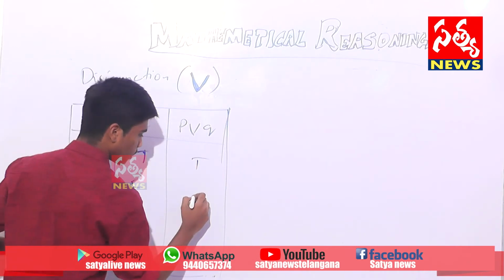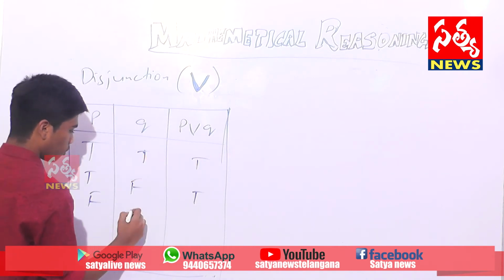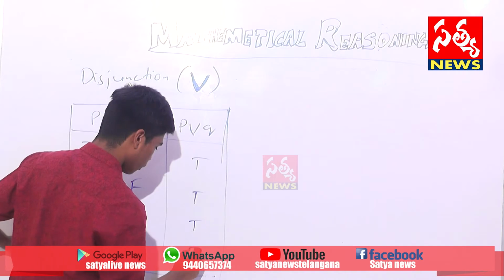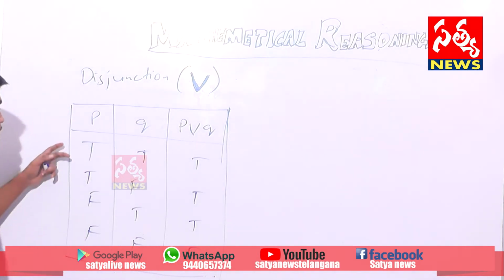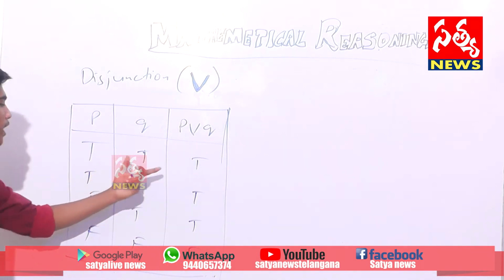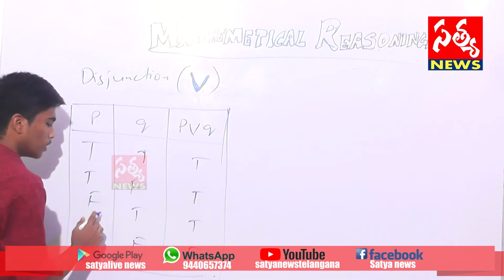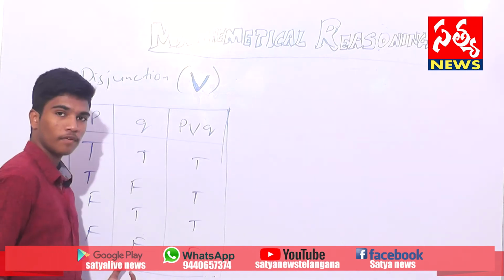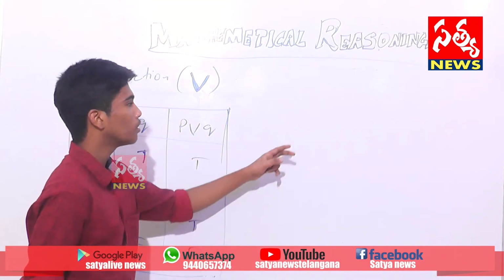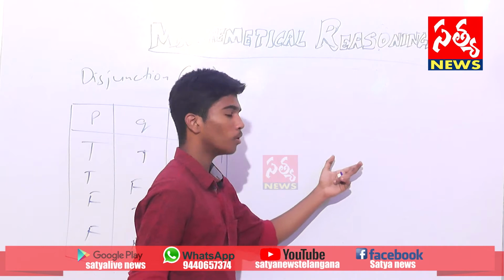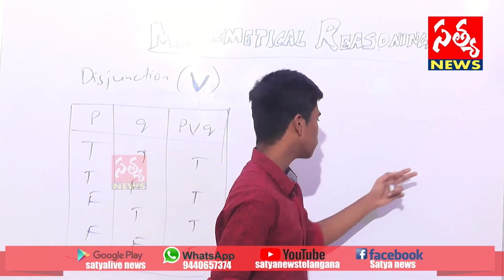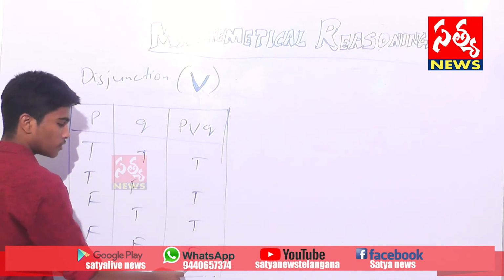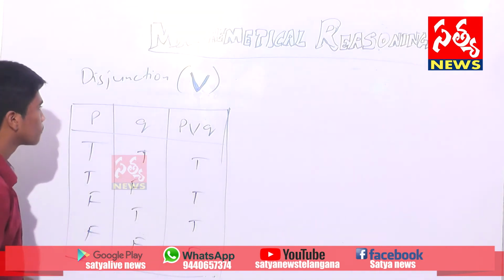True false will also become true and false true also becomes true. False false also becomes false. Only the condition for FF will get the false, but in the conjunction only the true and true condition gets true. Remaining all are false. Here only F and F is false, remaining all are true.